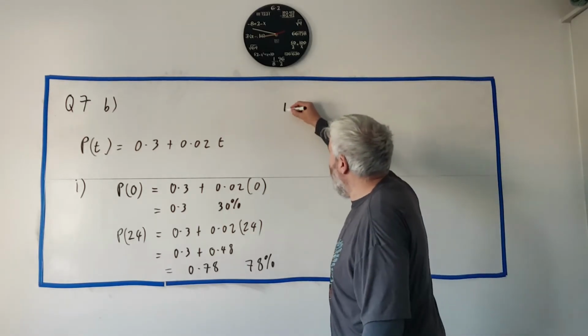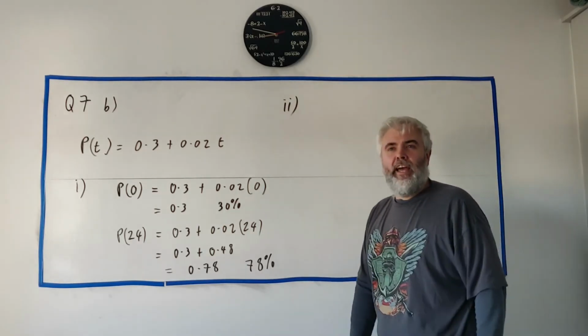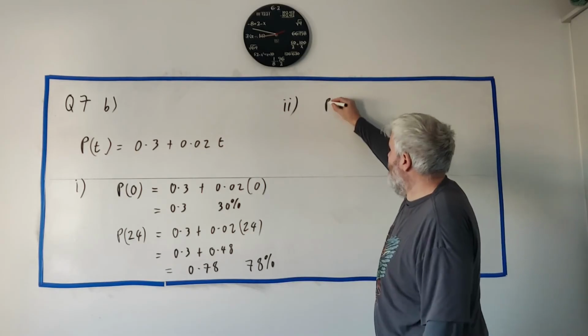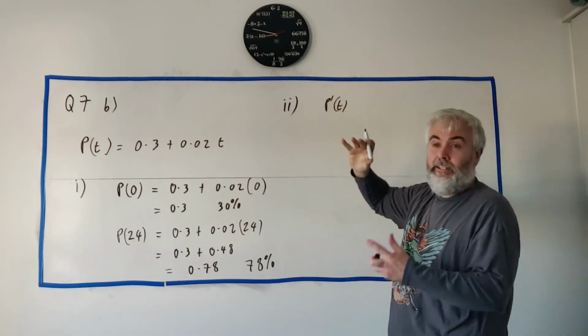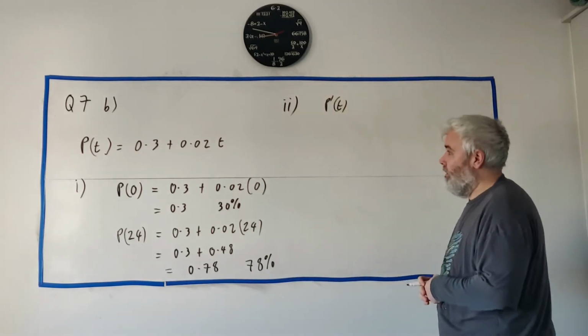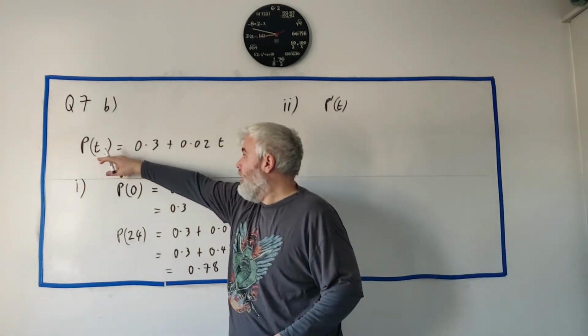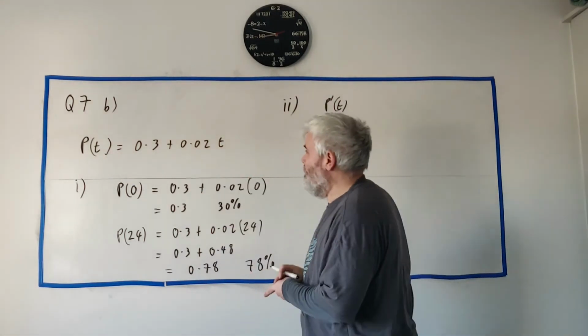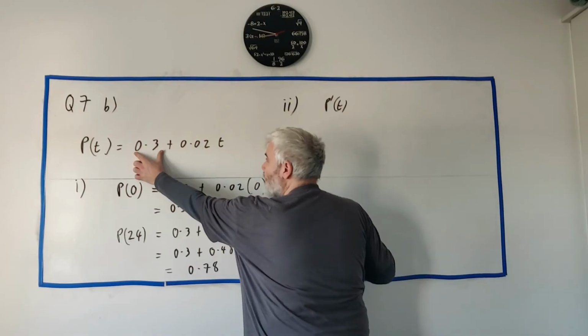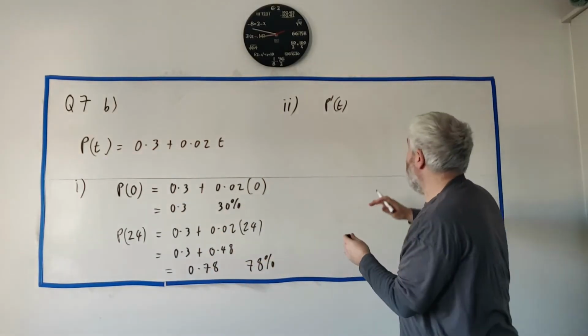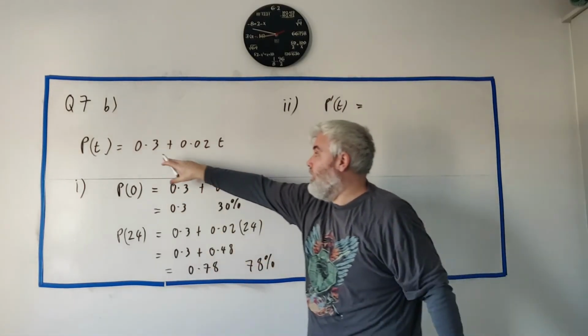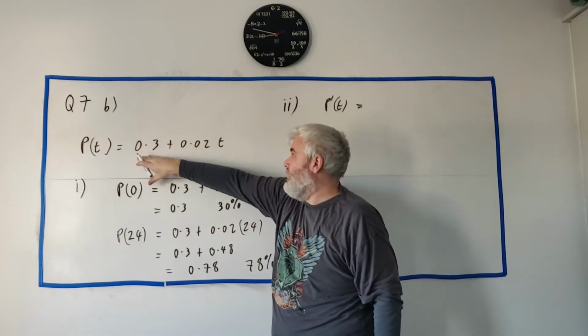Okay, for part 2. They ask us to find P prime of t, the derivative of P. So here is P of t. We just need to differentiate this. So this should be quite straightforward. The derivative of 0.3 is just 0. It's just a number. It doesn't change. So that just disappears.